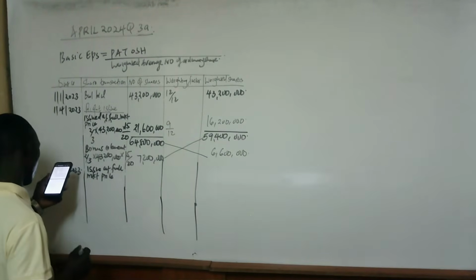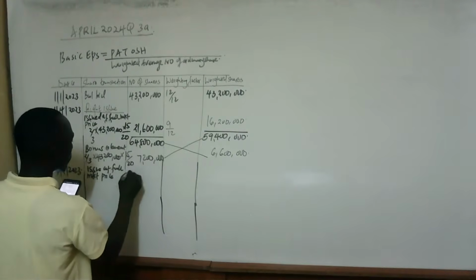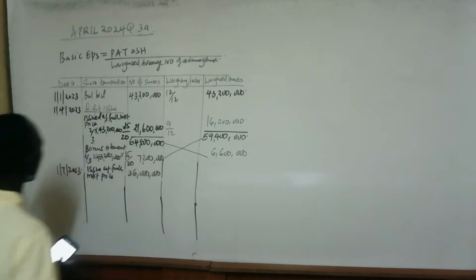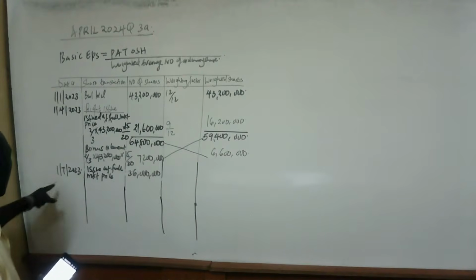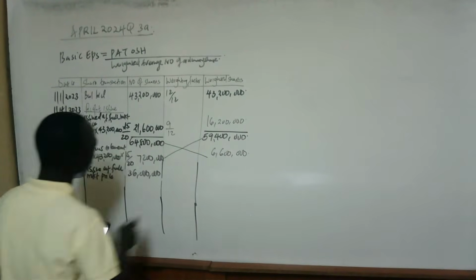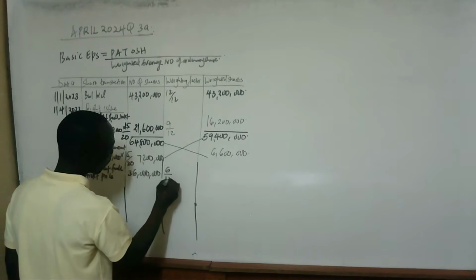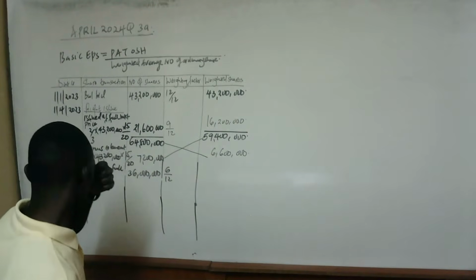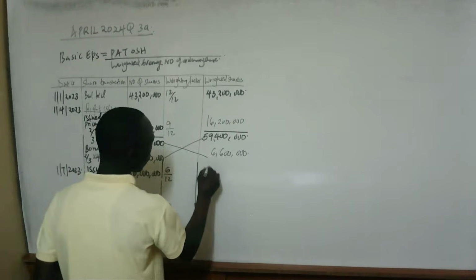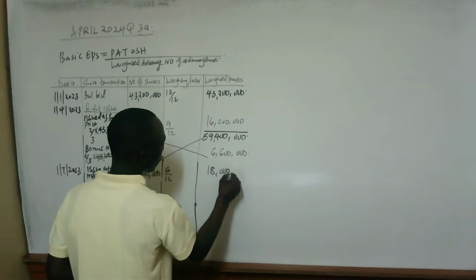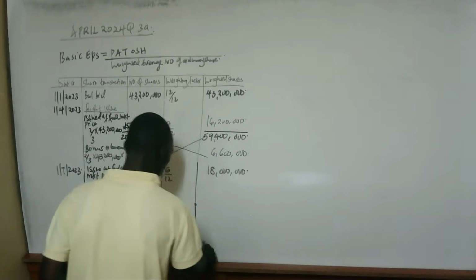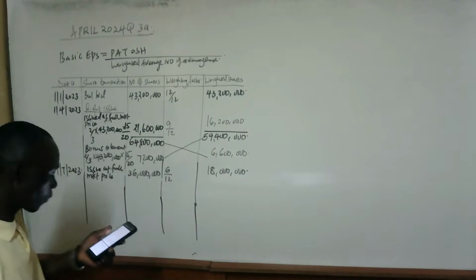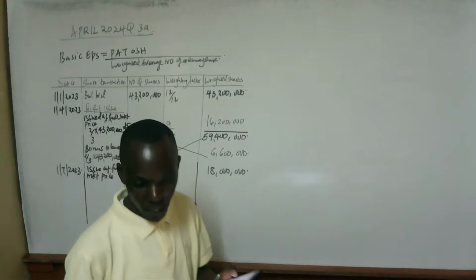And we issued 36 million shares. And we are going to wait for how long? From 1st July to the end of the year. That is 6 out of 12. So therefore, you take 36, you are going to get 18 million, sorry, not 18,000. Then from there, we move to the next note.